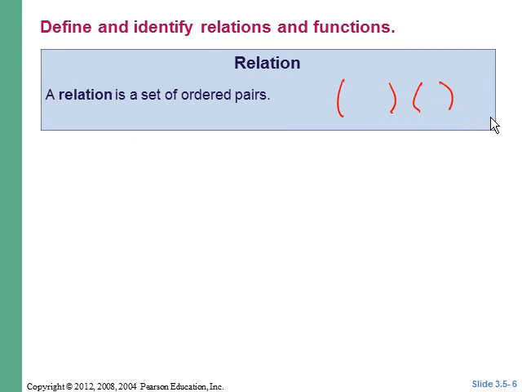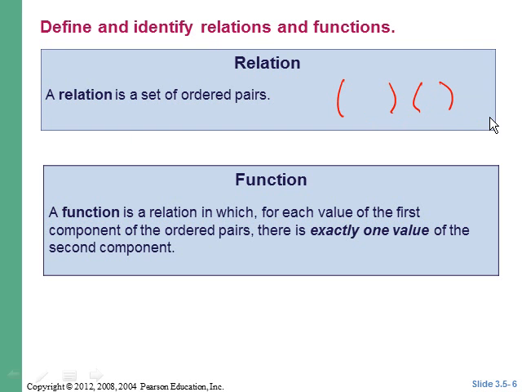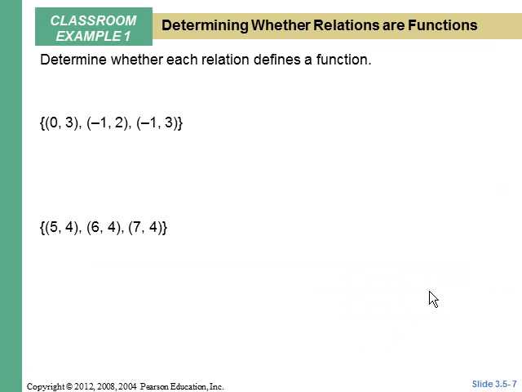Age, height, name, first name, last name. Those would be an example of a relation. A function is a special kind of relation in which when you ask a question, you get only one answer. For every x, there is exactly one y. Not 2, not 3, not 7, but one answer for every question.